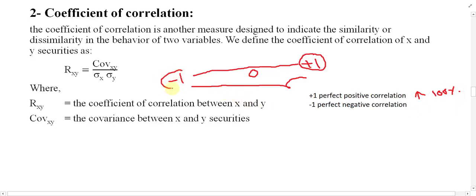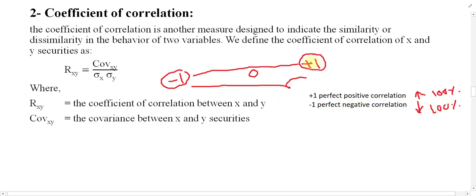If the result is -1, this is called perfect negative correlation. In this case, the risk of the security is less. What do I mean by this? It means the two securities which you have combined in the portfolio are 100% not the same in behavior; their behavior is against each other.